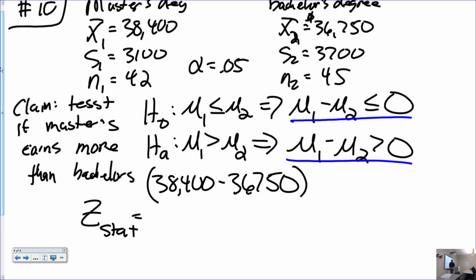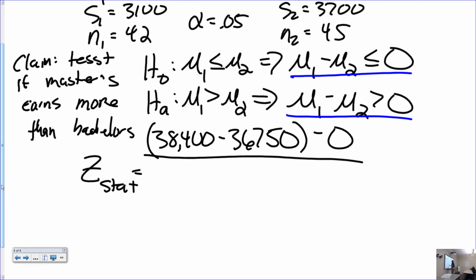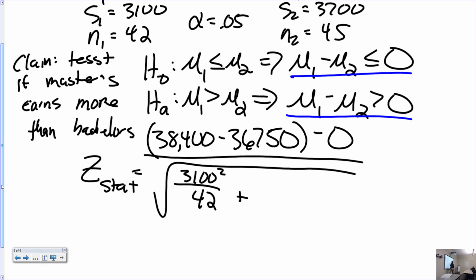That's the difference in our x bars. Technically, the difference in our means is 0. Divide by the square root of 3,100 squared over 42 plus 3,700 squared all over 45.